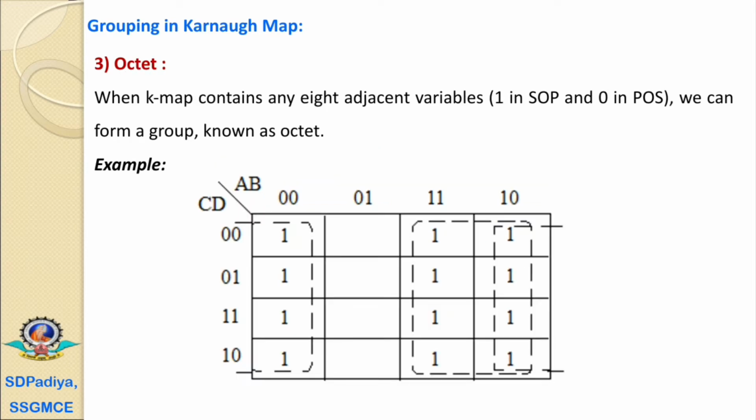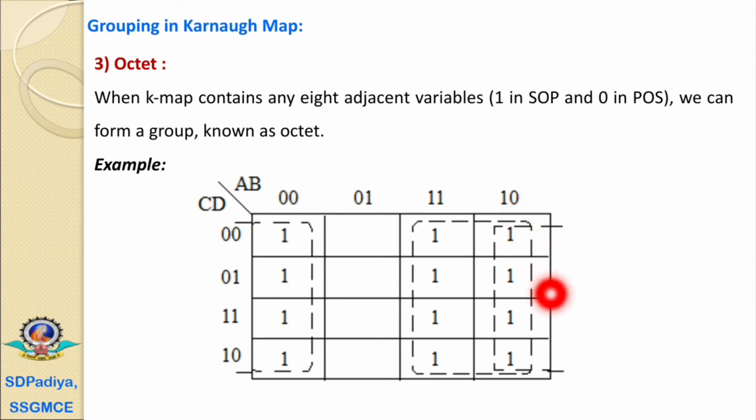Now, the third type of grouping is an octet. When the K-map contains any 8 adjacent variables, then we can form a group known as the octet. Now, in this example of the 16-cell K-map, we can observe the first column has all 4 ones, and in the last column again we have 1 1 1 1.